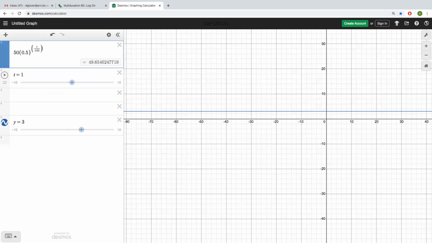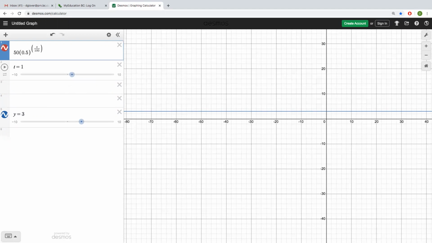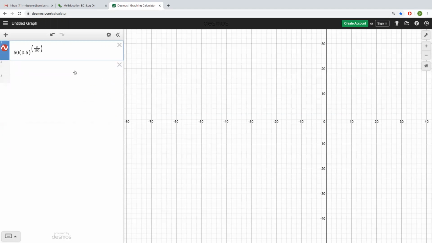Oh, I should probably call it x. And our other function was 5. That's the desired number of grams at the end. So y equals 5.